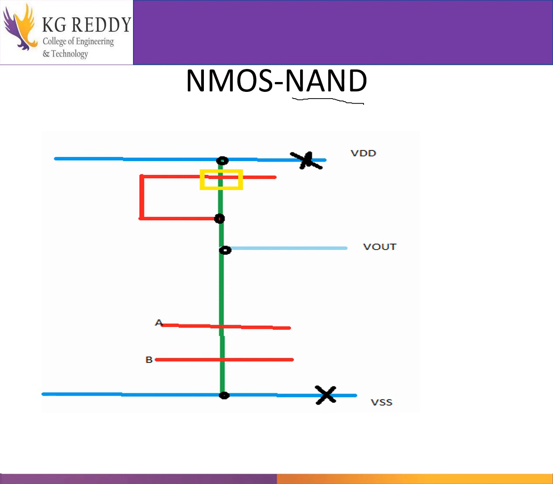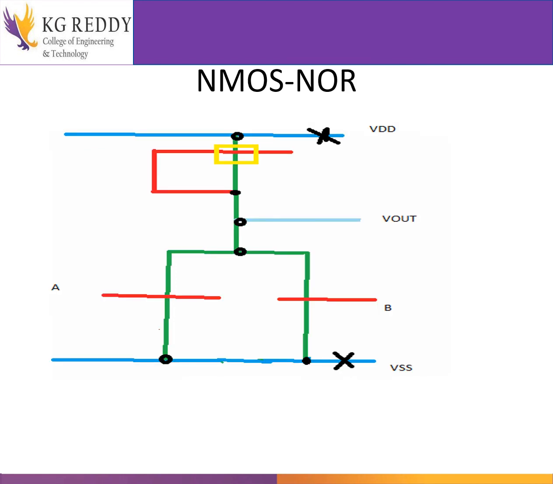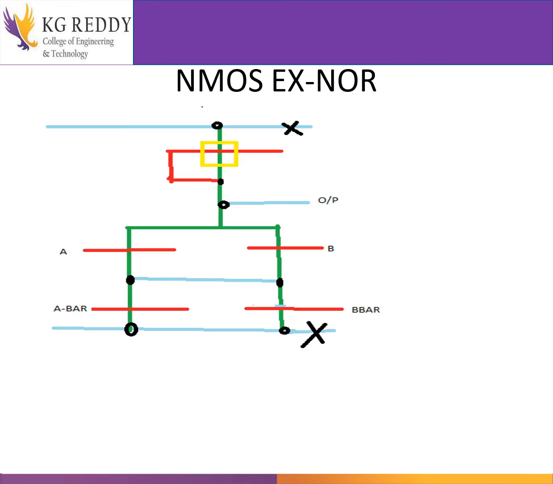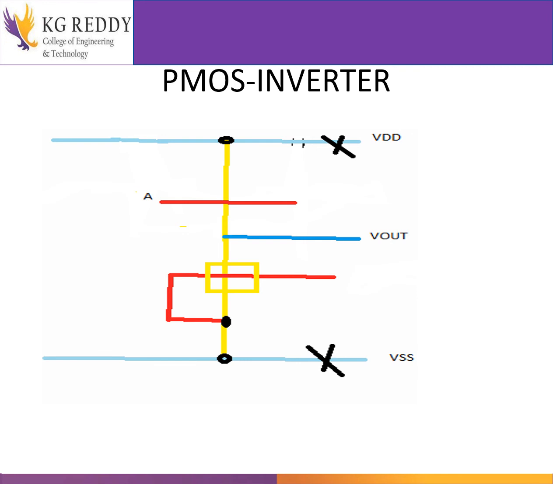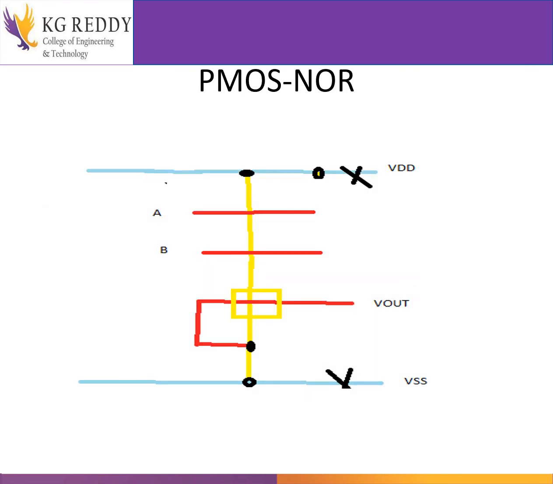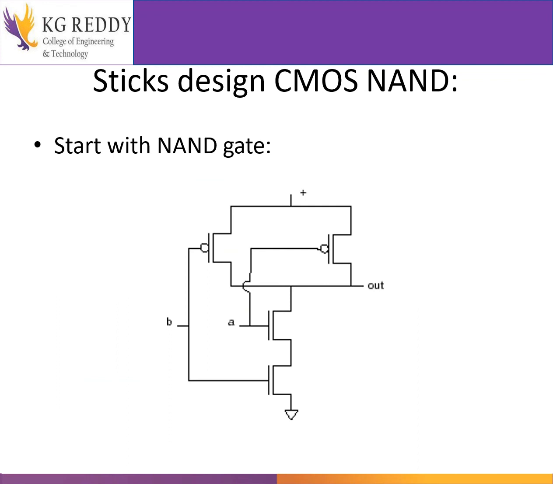Okay, so this is how we designed it for the NOR gate and for the XOR gate, and XNOR, then the P inverter, then PMOS NAND, PMOS NOR, etc. This is how we are showing how to draw a stick diagram.